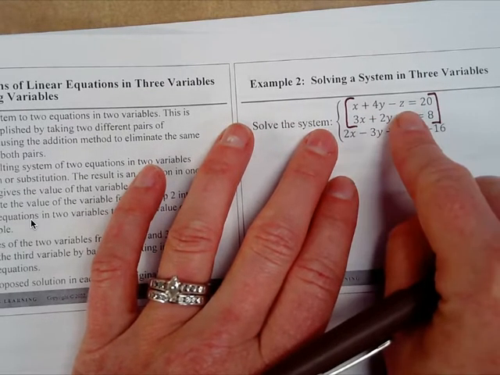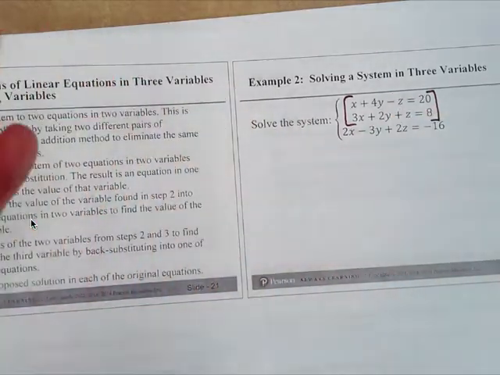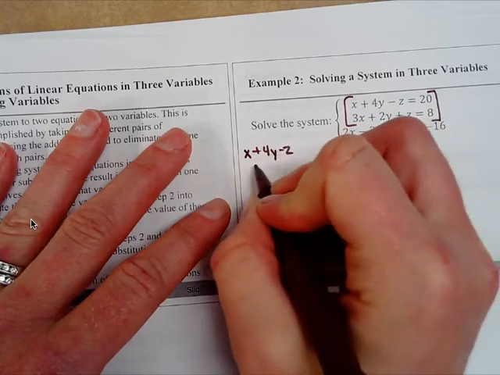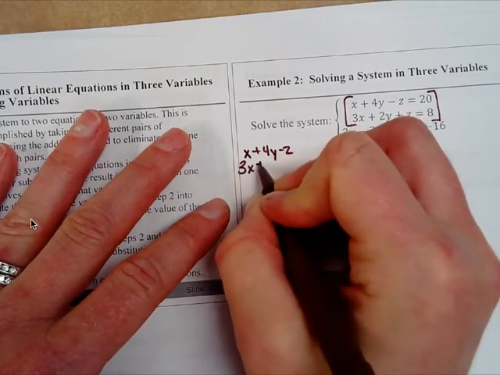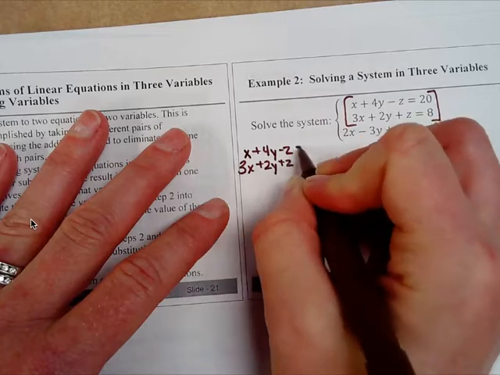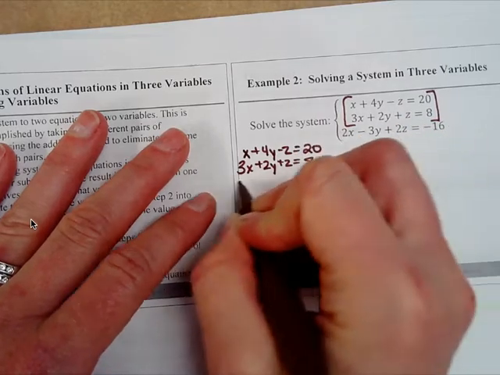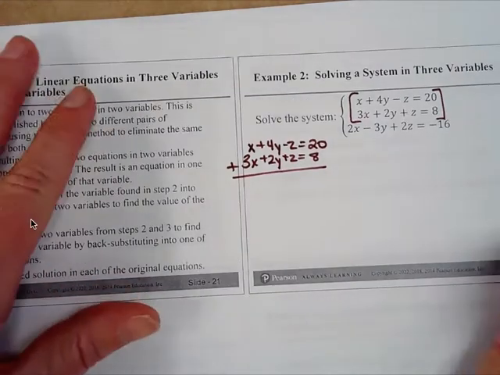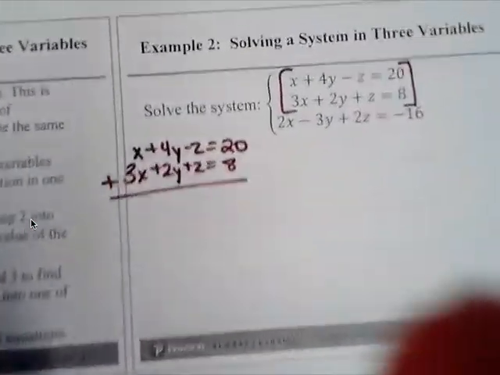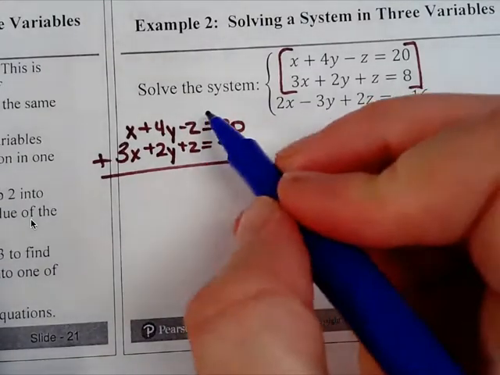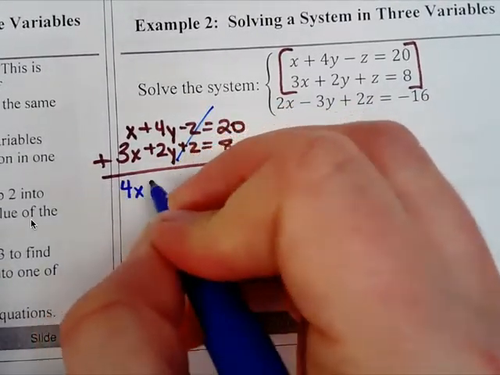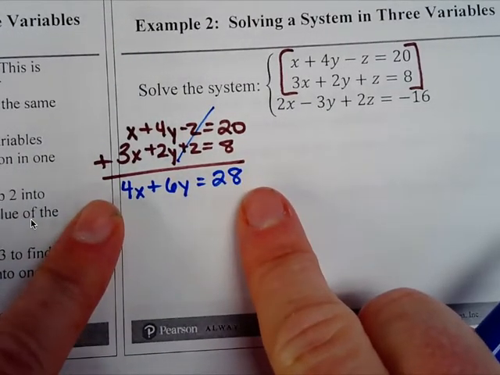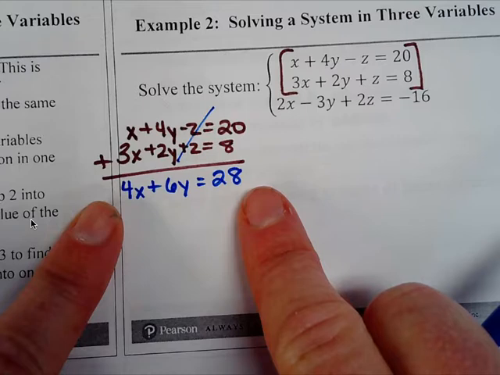Z's already canceled, right? So I can use addition to get rid of my Z's. So now I have one equation that has 2 variables.